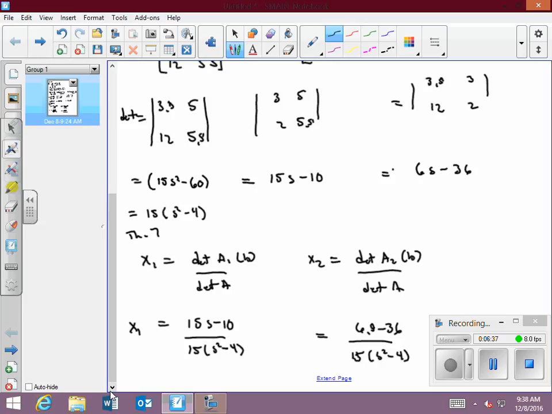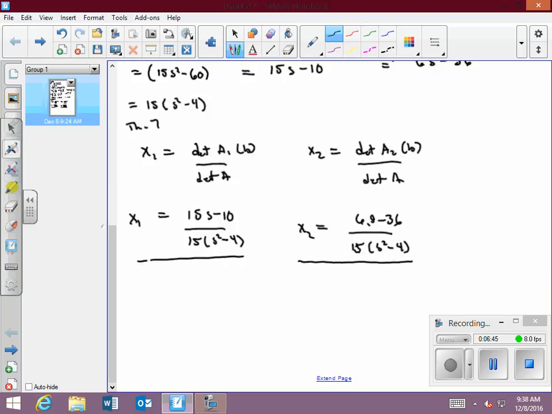Now, this is what x1 and x2 look like. And the parameter expression s squared minus 4 cannot equal 0, and by extracting square roots, we can say s cannot equal plus or minus 2.